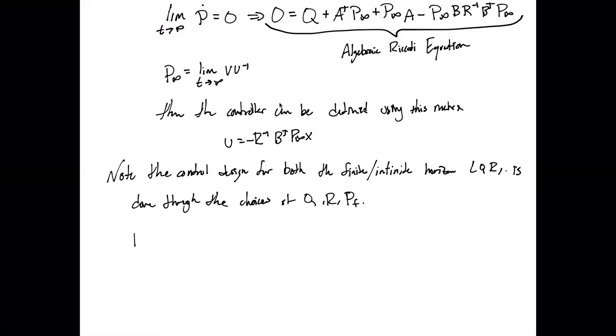And so recall that the cost function is one half x transpose of TF, P at the final time, x of TF, plus one half times the integral from t naught to tf of x transpose Qx plus u transpose Ru dt.